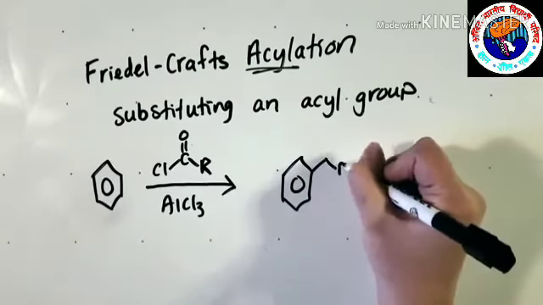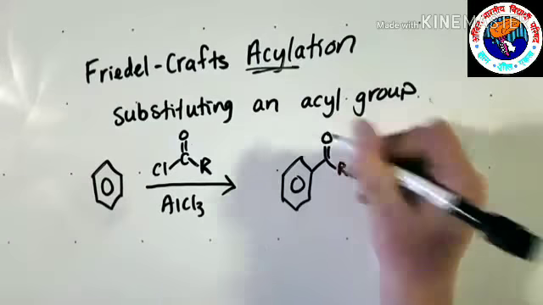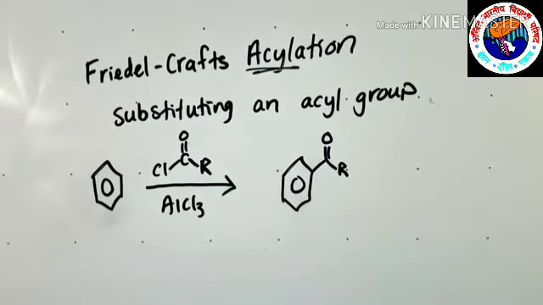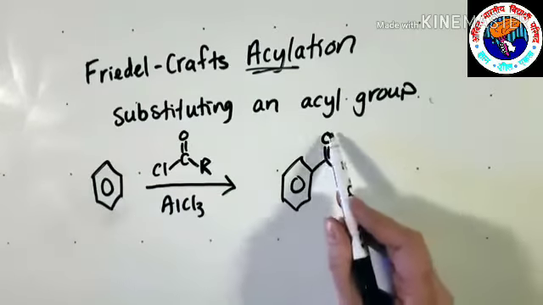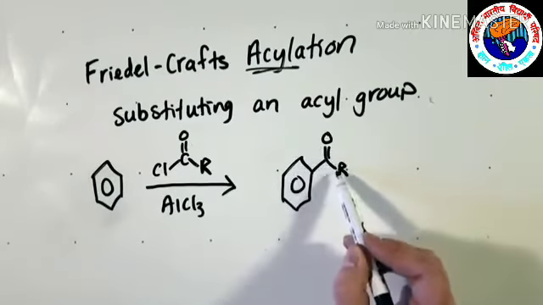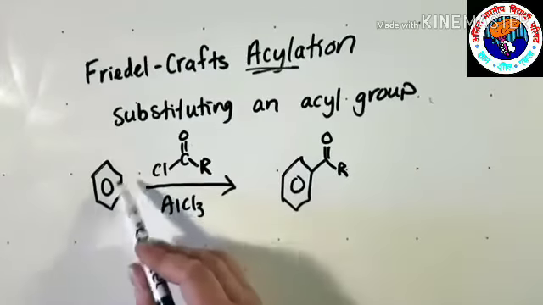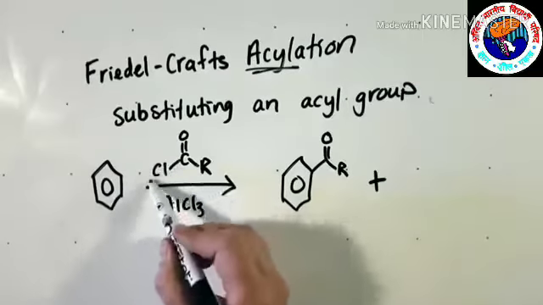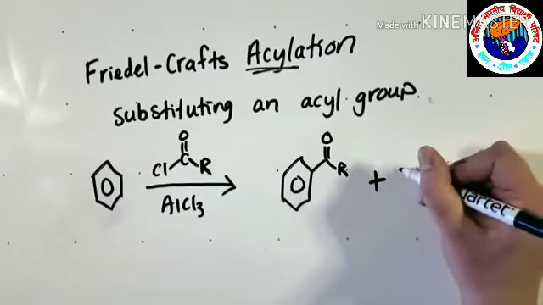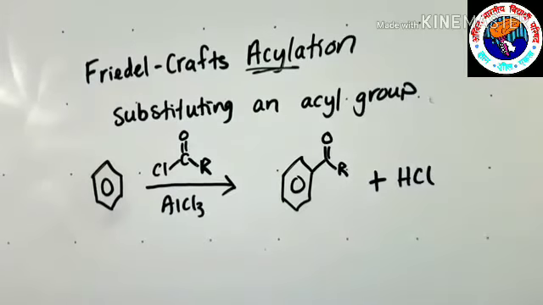Carbon, R group, there we go. Okay, and again, there would have been a hydrogen, and this acyl group replaced the hydrogen that was once bound. So we end up having that hydrogen that binds to that chlorine or chloride, and we make HCl as well.